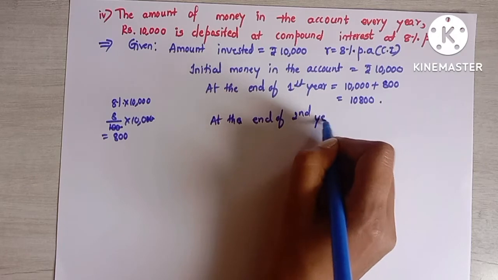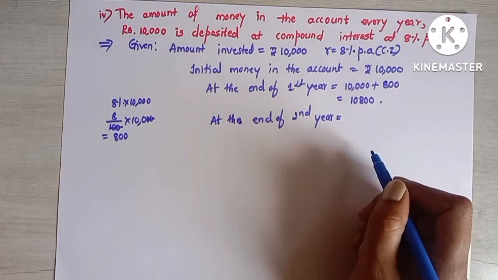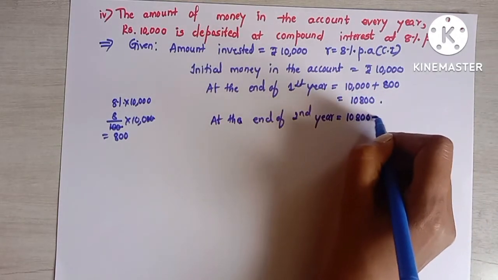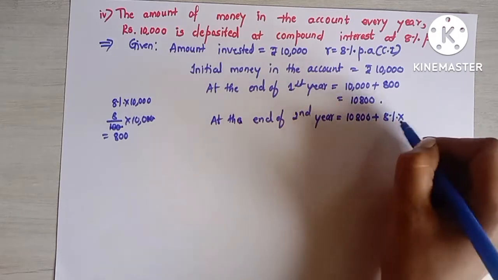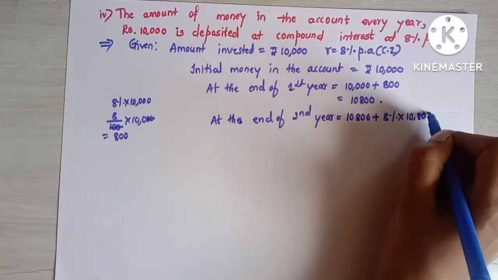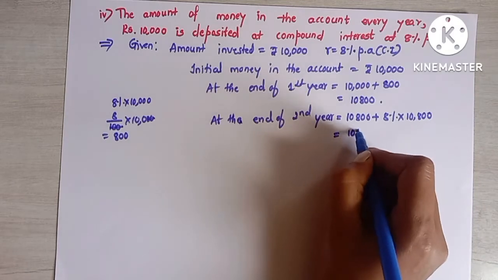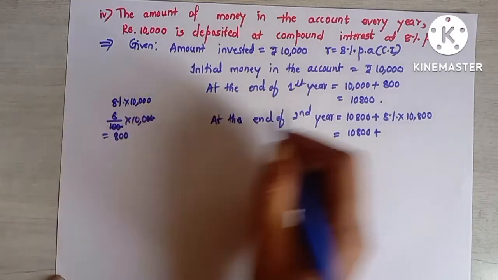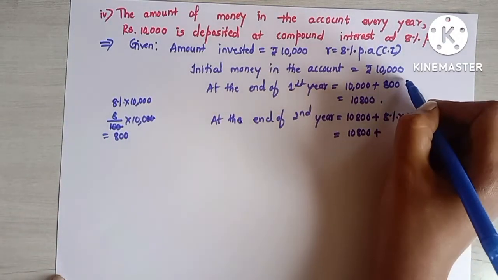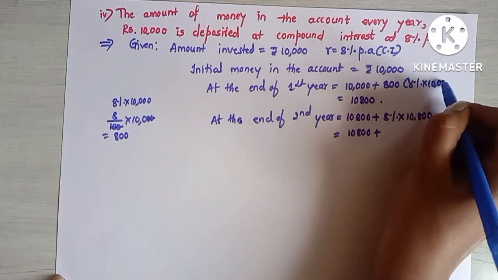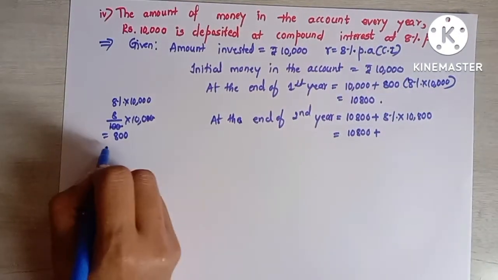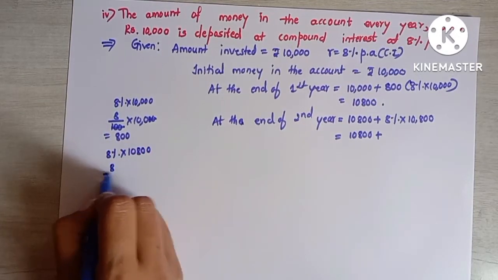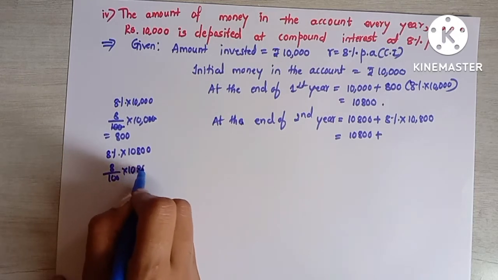Okay. Next, at the end of the second year, the total amount in the account will be this amount 10,800 plus 8% interest on this amount only, because it is a compound interest. Therefore, it is 10,800 plus 8% of this 10,800. So this will be 8 divided by 100 into 10,800.